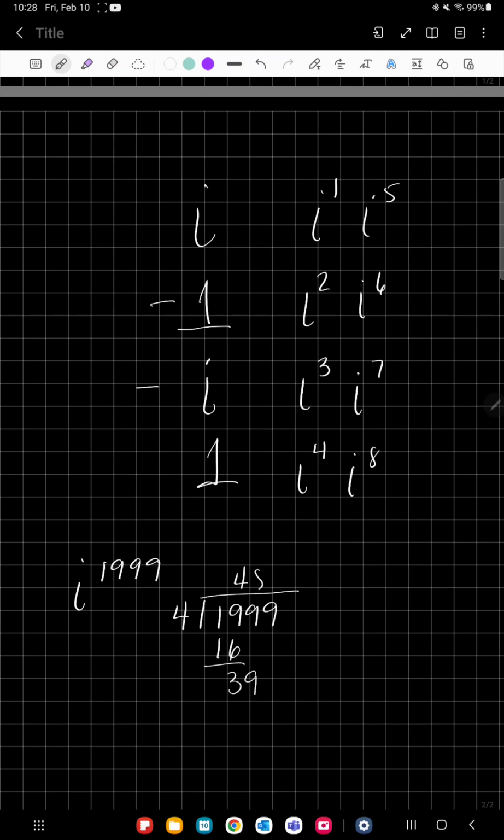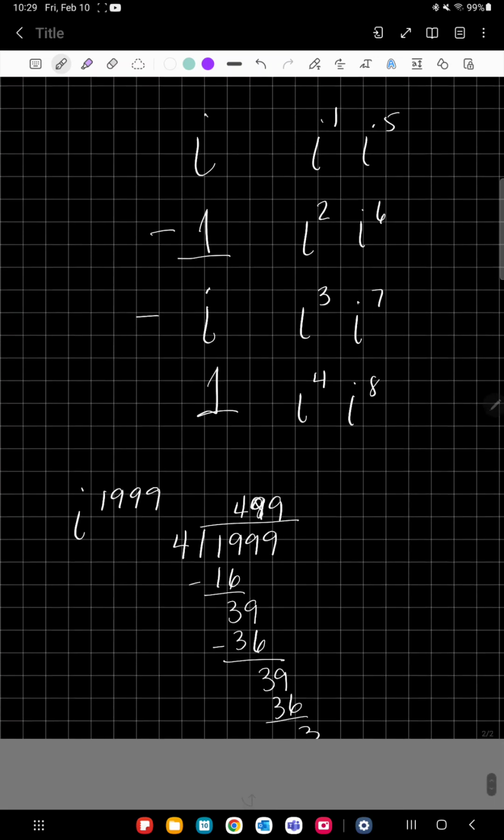Subtract. 39. 9 times 4 is 36. I'm going to put my subtract in there so you remember. So here we see our remainder is 3.